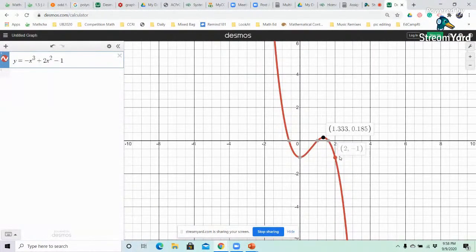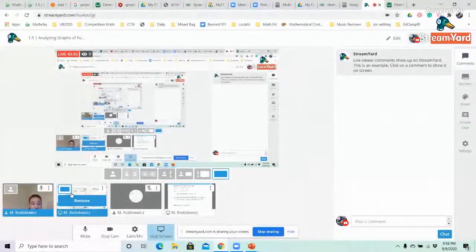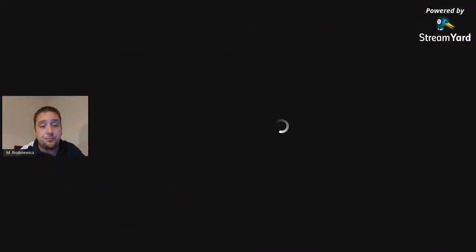So basically, using a graph, I'm just looking for the y coordinate when x is 2. So that's how you evaluate a function using its graph. You don't need to just use the rule and plug in numbers. If you have a graph, go to that x value and take the corresponding y, and that's how you evaluate the function.